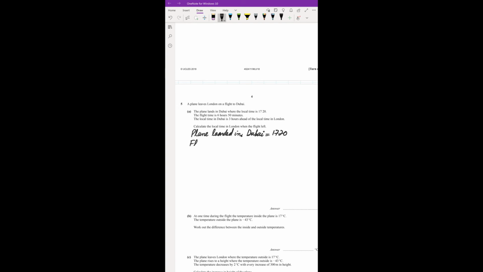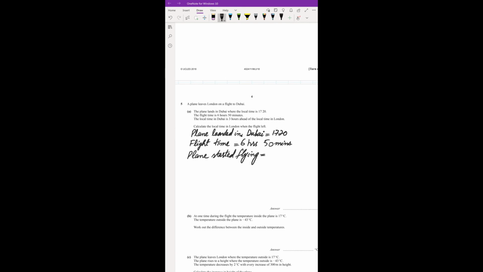And the total time that the plane was flying was 6 hours and 50 minutes. So using these two pieces of information, we can find out the time when the plane started flying, or departed from London.